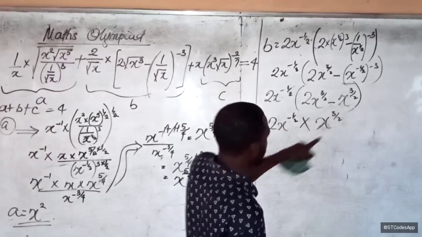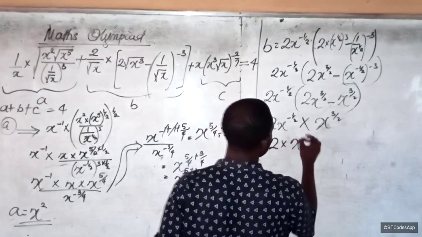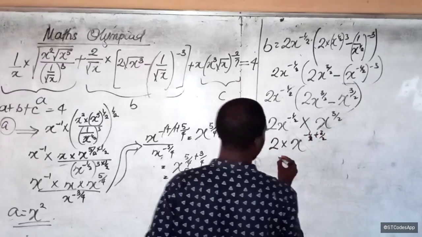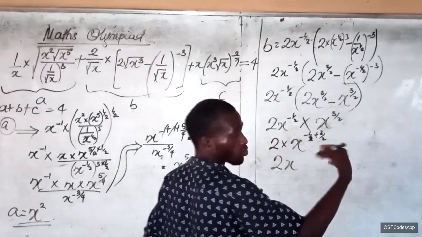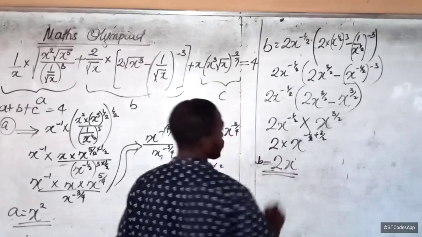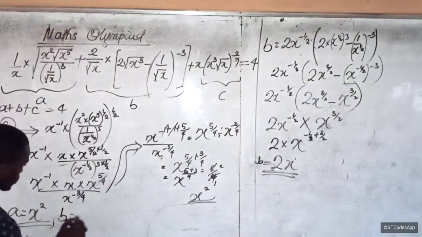So that becomes just 1 of this. So this becomes 2 times x raised to the power minus 2 plus 3 over 2. That becomes 2x raised to the power 3 over 2 minus 1 over 2, which is 1. So that's just 2x. So b is what? 2x. So we have gotten b to be 2x.